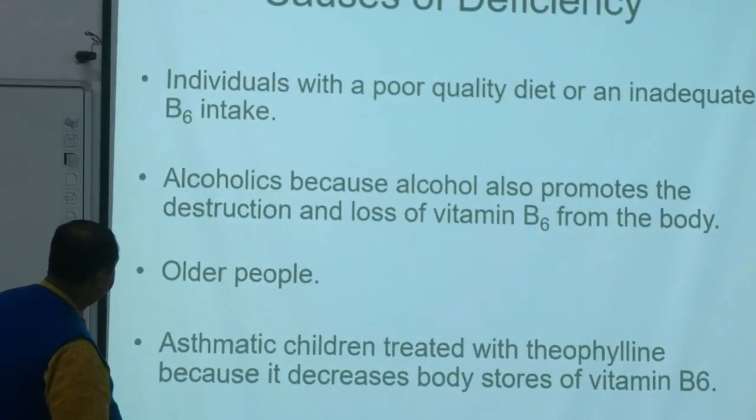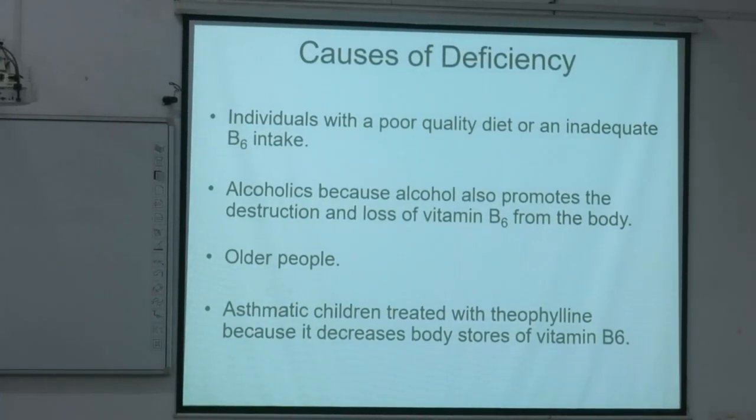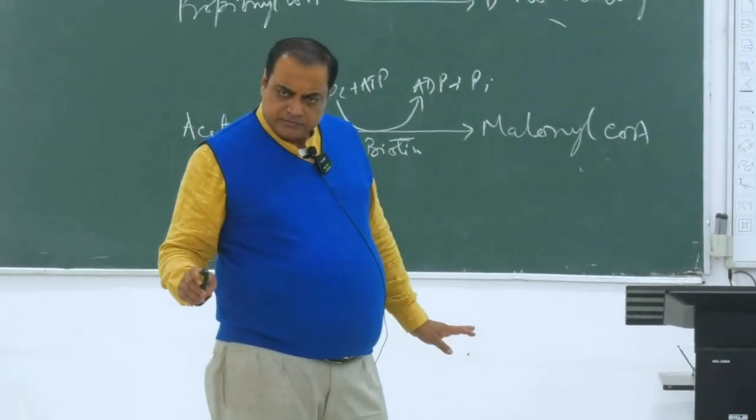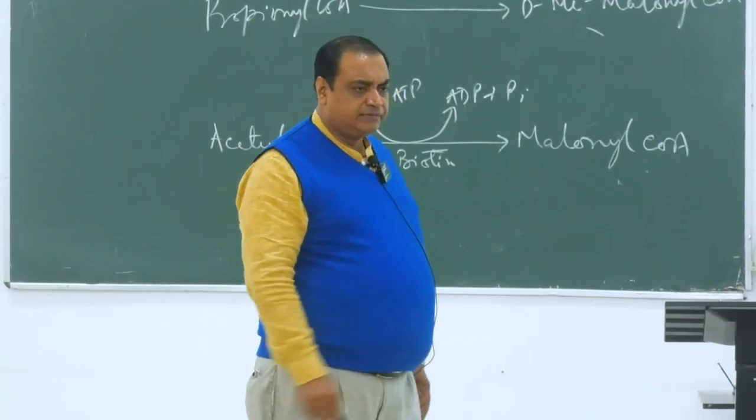We'll come to that. Causes of B6 deficiency. See, this is very, very important. Let's go through it. Individuals with a poor quality diet, a poor person who cannot eat: malnutrition is one cause, inadequate B6 intake.